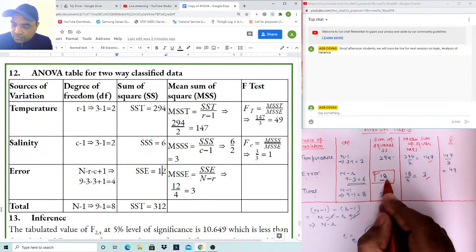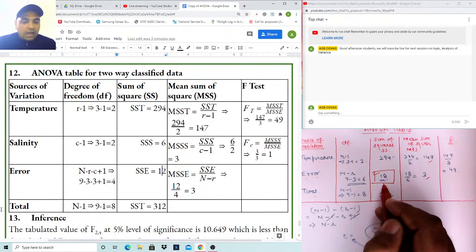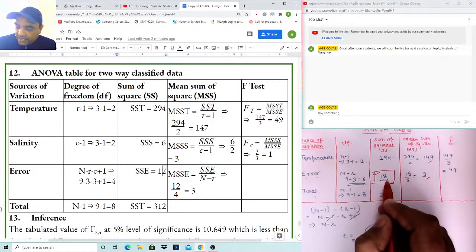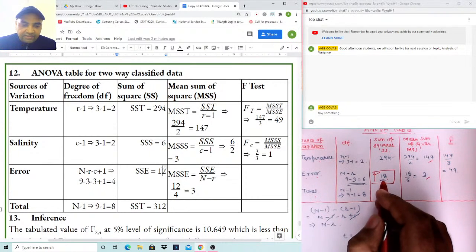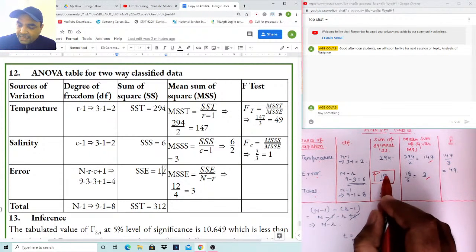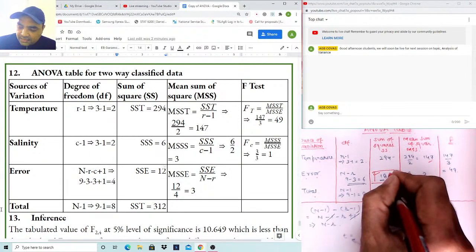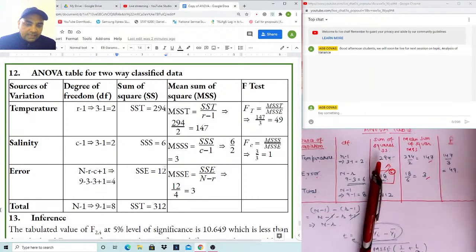That is the variation ascribed to unassignable causes. So when you assigned a cause and classified that into the table as salinity, the 6 value has been removed from it. Now it has become 12 and this 6 has come out of it. So now we can ascribe that this 6 is due to salinity and the remaining will be your error.